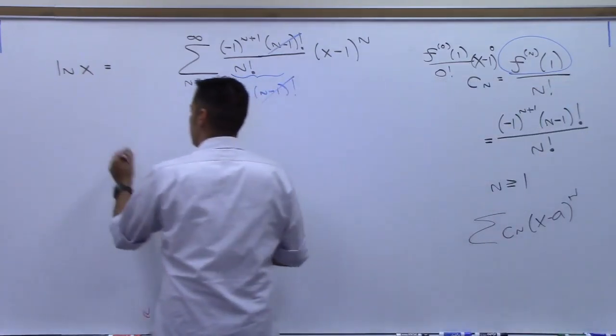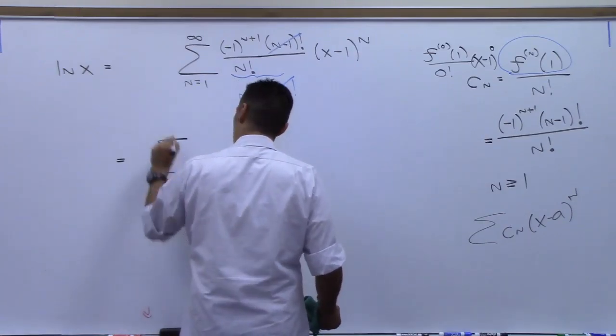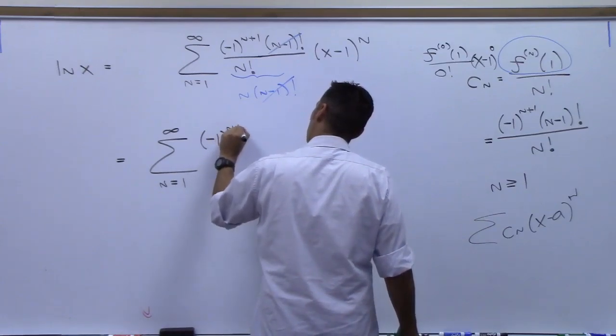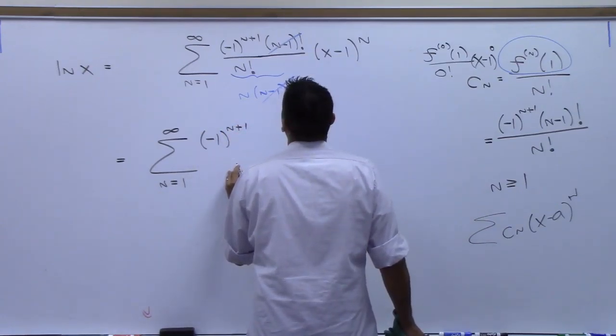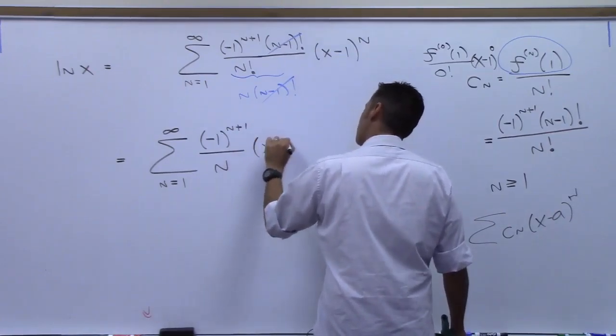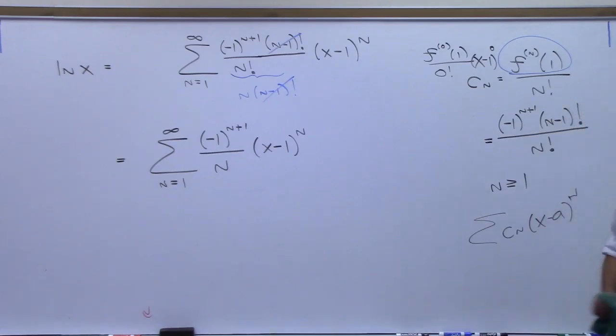And so I get the natural log of x is the sum from n equals 1 to infinity of negative 1 to the n plus 1 over n, x minus 1 to the n. That's what I would get.